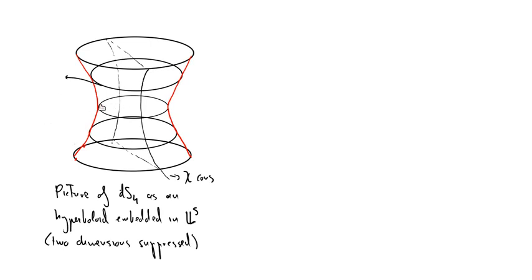These circles are hypersurfaces with T constant, so they have the topology of S3, they are the S3 part. And then we have these vertical lines with chi constant which represent the R part of the topology.